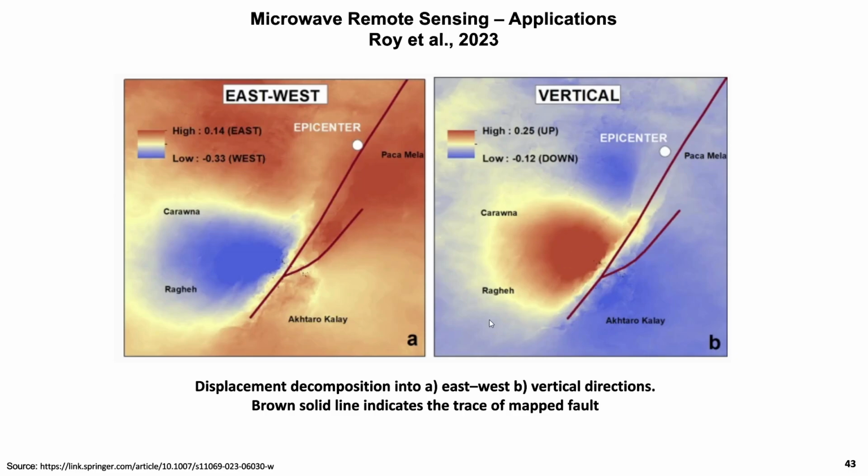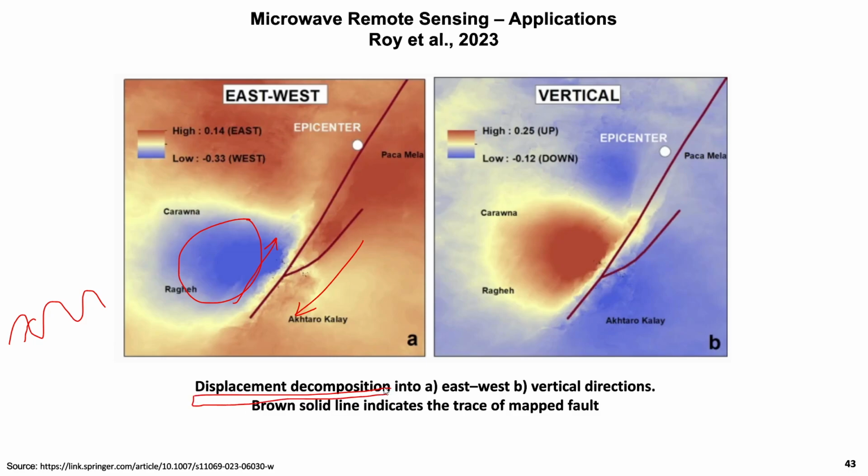Considering this kind of image, most likely this ground has moved this way and this ground has moved this way, and whatever features were present here, they all lost their original positions, because of which there is a phase difference that has occurred in your data. By analyzing this, you will be able to find out what kind of displacement has happened.